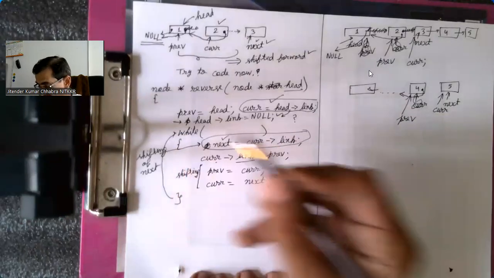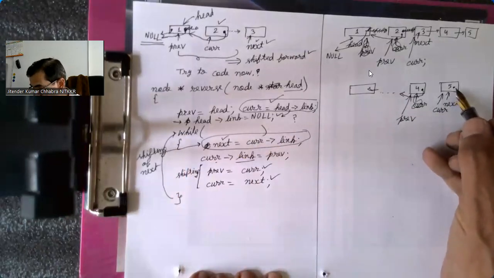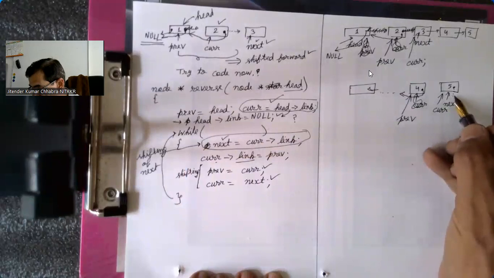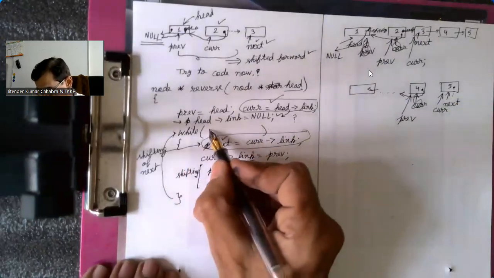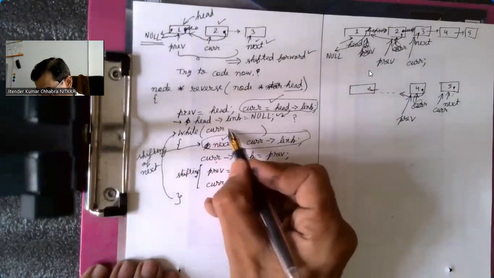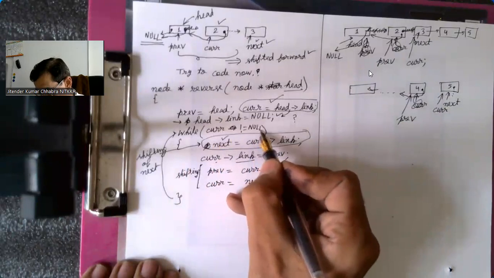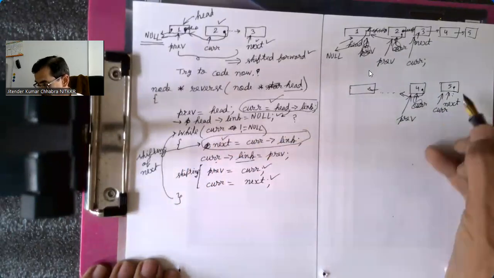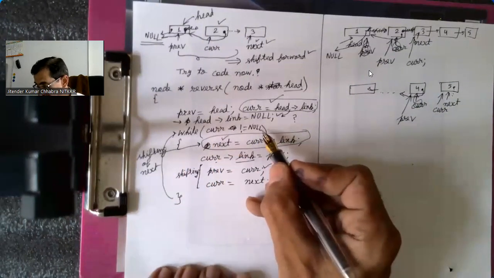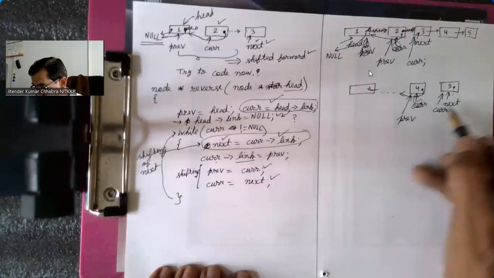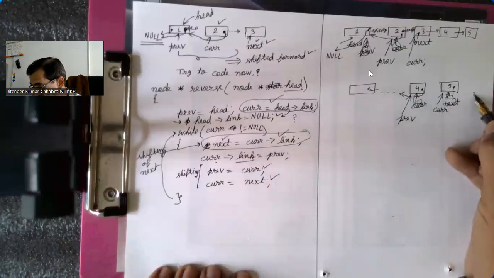Now I go back. This link has not been done, that means the loop should still repeat. To repeat, I should check current: while current not equal to null. Current is now at the last node. So current null means I will go here. Next will be current arrow link, so next will become null. Next means this, that is effectively null.